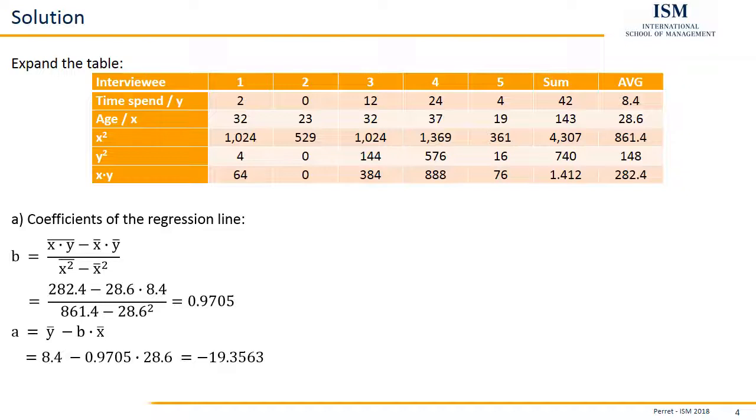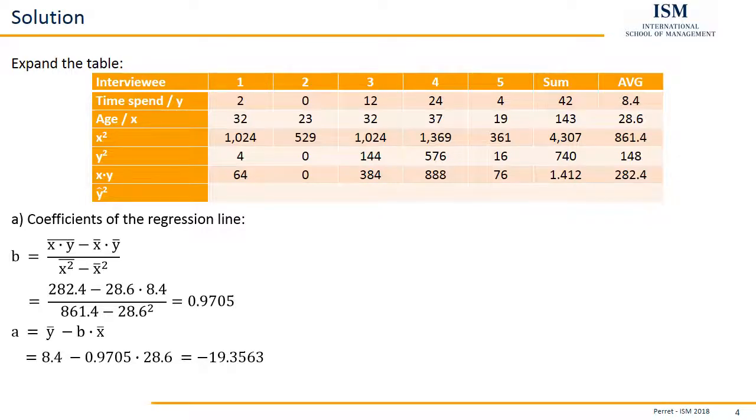For this, however, we need one more intermediate step, and this we get by adding one additional line to our table, and in this line calculate y hat squared. What's y hat? Y hat we get if we insert x into our regression line.